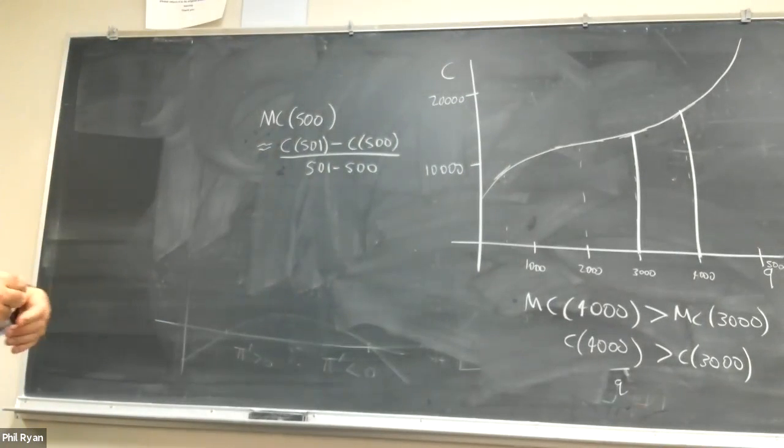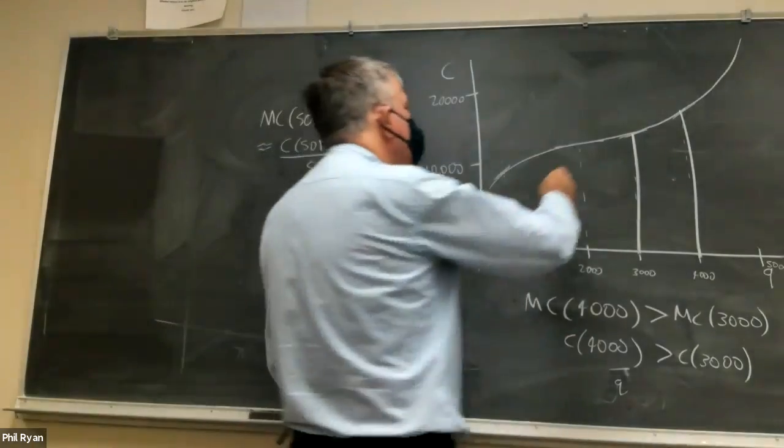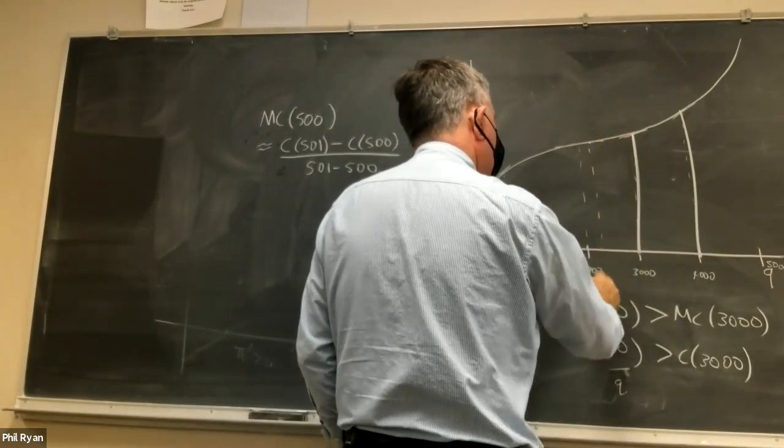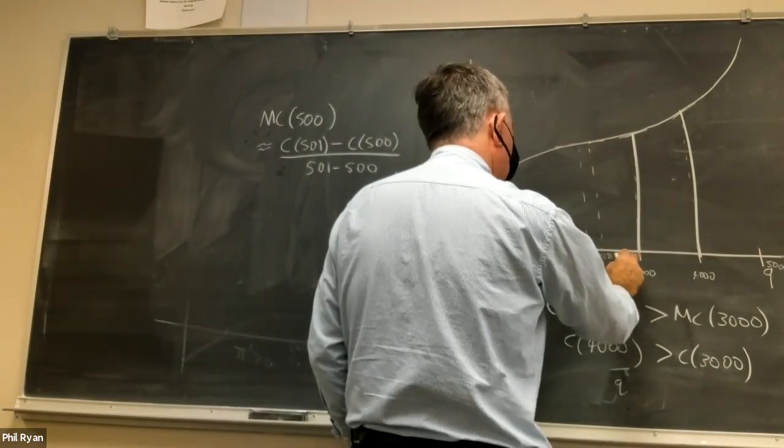Where is marginal cost the lowest? Exactly, this inflection point here, it looks like to be around here, maybe 2,200.